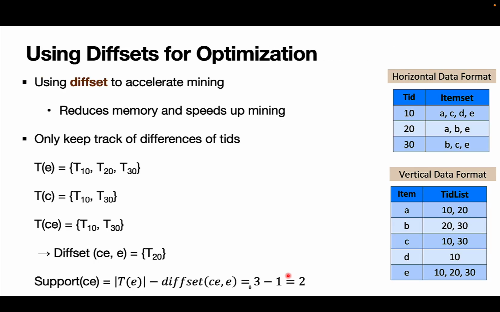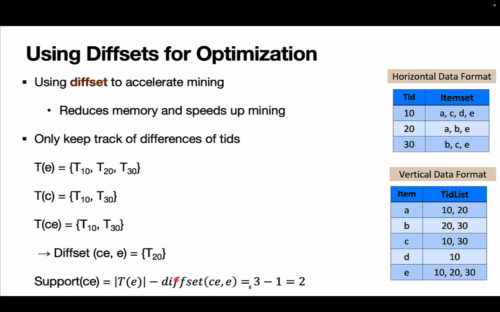Finally, to save memory space, we can store the differences between transaction ID sets. For example, suppose we have T of E equals 10, 20, 30, and T of C equals 10 and 30. The intersection is 10 and 30, but we should be able to use the Diffset to find the support of C and E. The Diffset between C and E is 20.